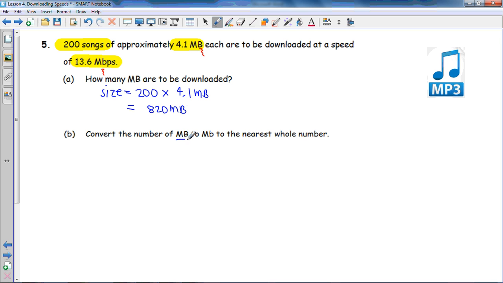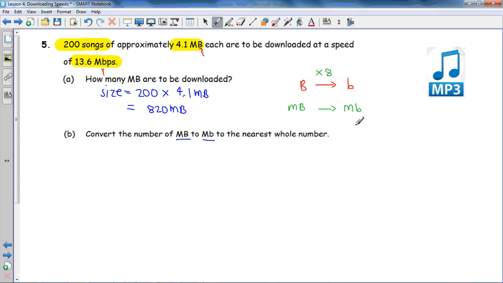Now we want to convert from megabytes to megabits. Now, just to remind you, to go from bytes to bits, we need to multiply by 8. Now, because I've got megabytes to megabits, I can't simply put a capital B, M here and go across, and because I've got capital M's on both sides, multiply by 8.